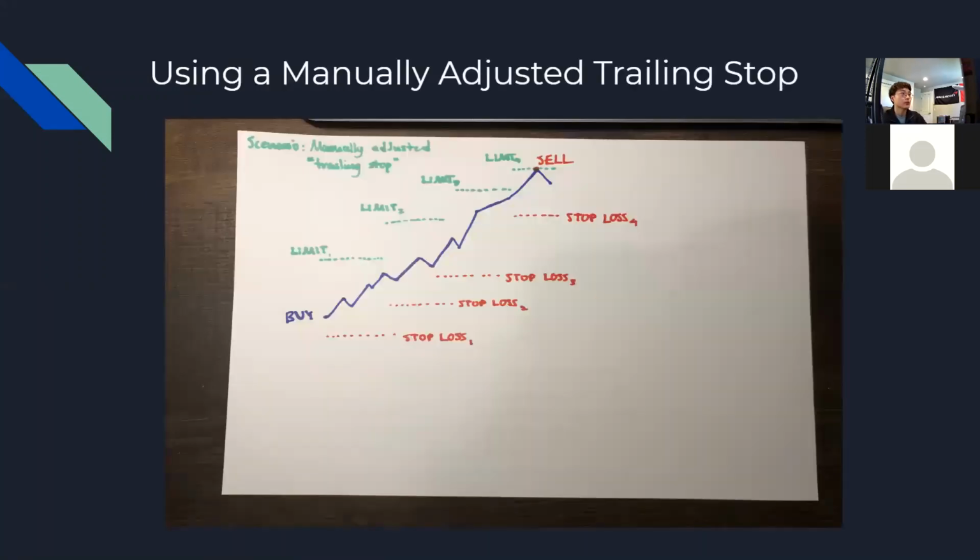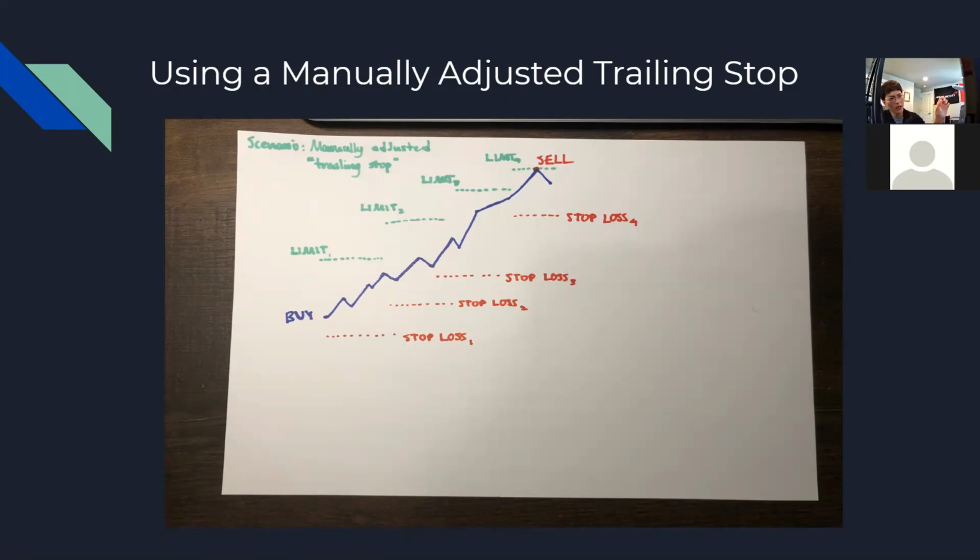All right, so using a manually adjusted trailing stop. I depicted one of the trailing stop orders in a previous slide, the guy pointing at the little TV screen, but it might be a little bit misleading. Along with the trailing stop, you should also have limit orders placed above, because you want to sell at a price that you think is appropriate.